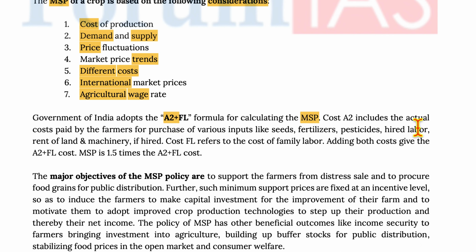Cost A2 includes the actual cost paid by the farmers for purchase of various inputs like seeds, fertilizers, pesticides, hired laborers, rent of land and machinery if hired. Now, cost FL refers to the cost of family labor. Adding both costs give the A2 plus FL cost. Now, MSP is 1.5 times the A2 plus FL cost.